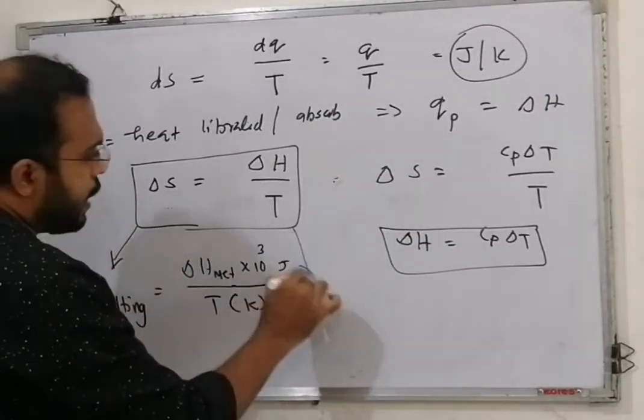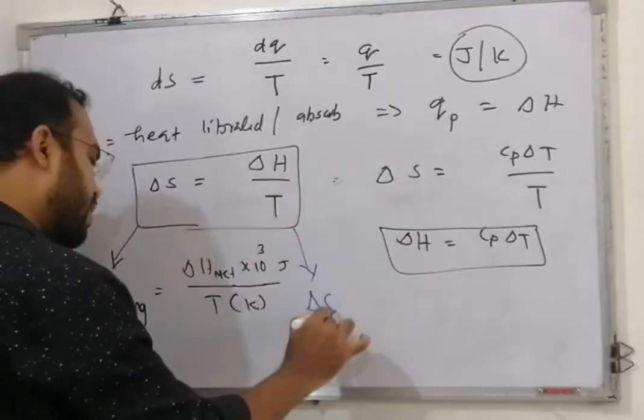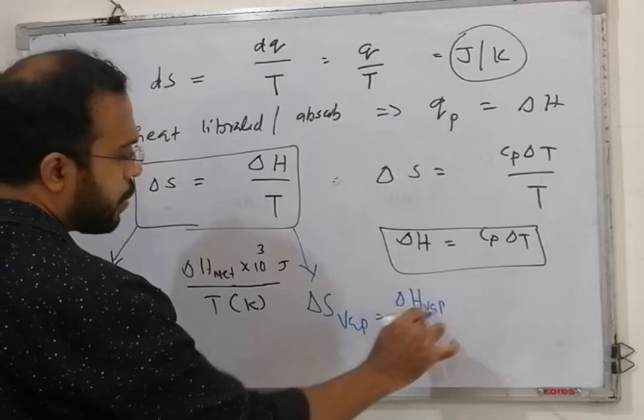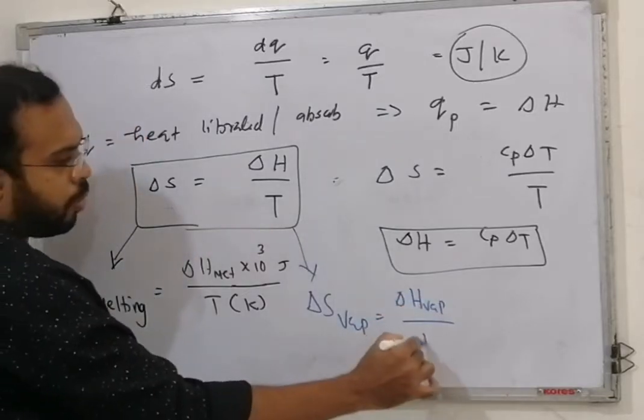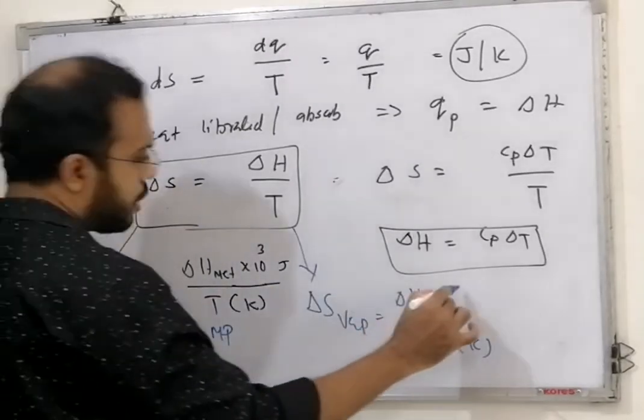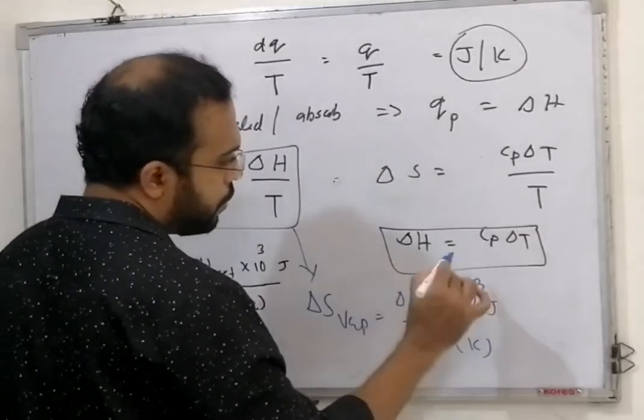Now, delta S vaporization is delta H vaporization by the boiling temperature in Kelvin. Here also multiply by 10 raised to 3 to get joule.